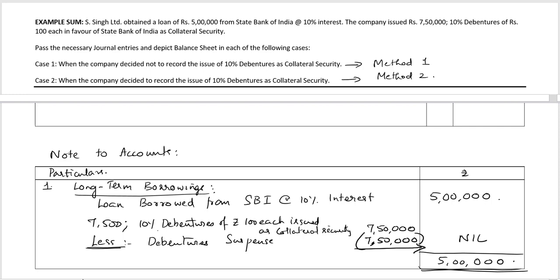So this is a change from the first method in the second method as far as balance sheet is concerned.